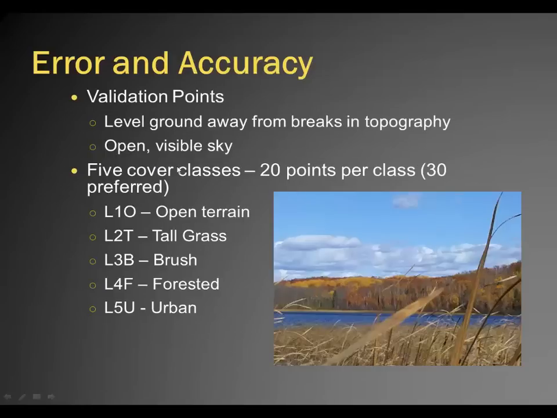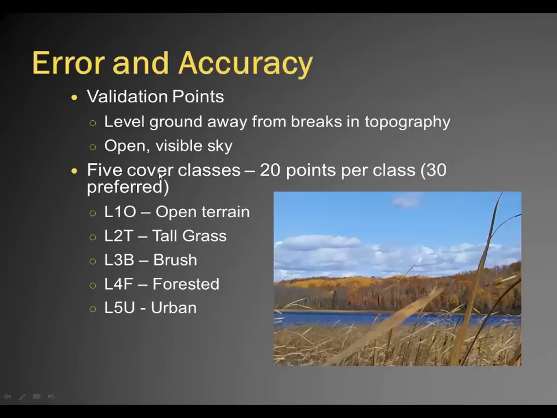Now, when we calculated the accuracy, we had to have ground truth or validation points. And we collected these on level ground, away from breaks, flat ground, very, very clear, good sites. We collected the elevation and the GPS information at that location.